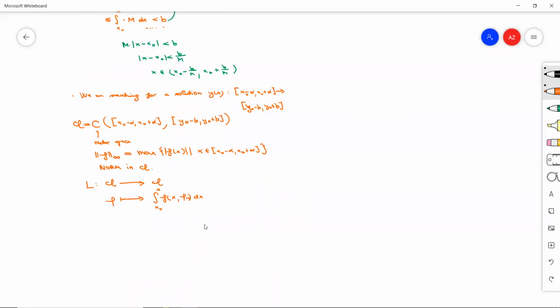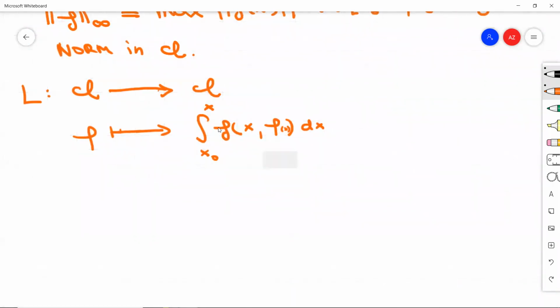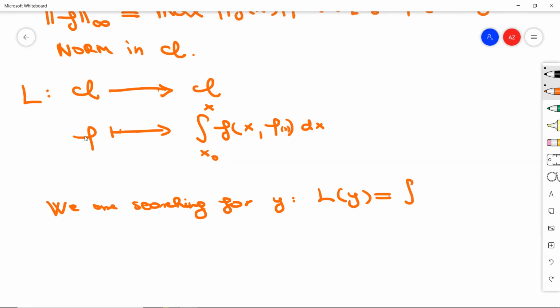So the right-hand side should be y. So we are searching for y such that L of y is equal to y. So L of y, by definition, is the integral from x0 to x of f(x, y), and this should be equal to y if our differential equation is solvable.